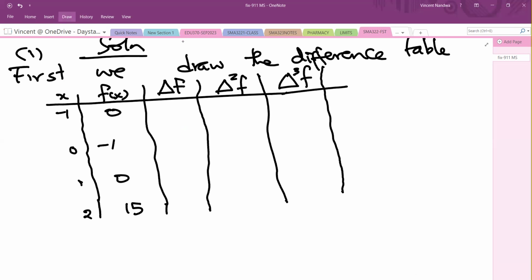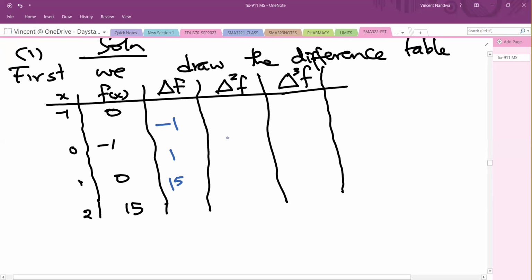So the difference there is -1. And then what number will I put in the next step? 1. Which number should I put here? 15, correct. Remember, the way we get the differences is usually the lower number minus upper number. So here we get -1 by saying -1 minus 0 is -1. 0 minus -1 is +1. 15 minus 0 is 15. Good.